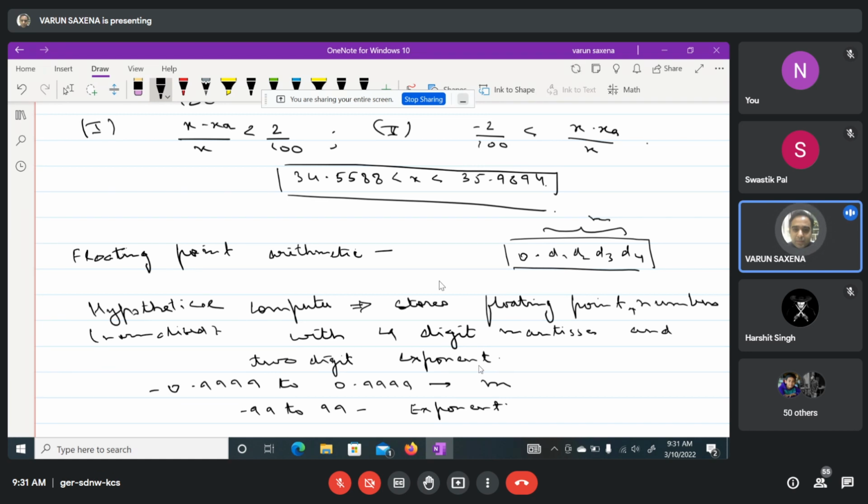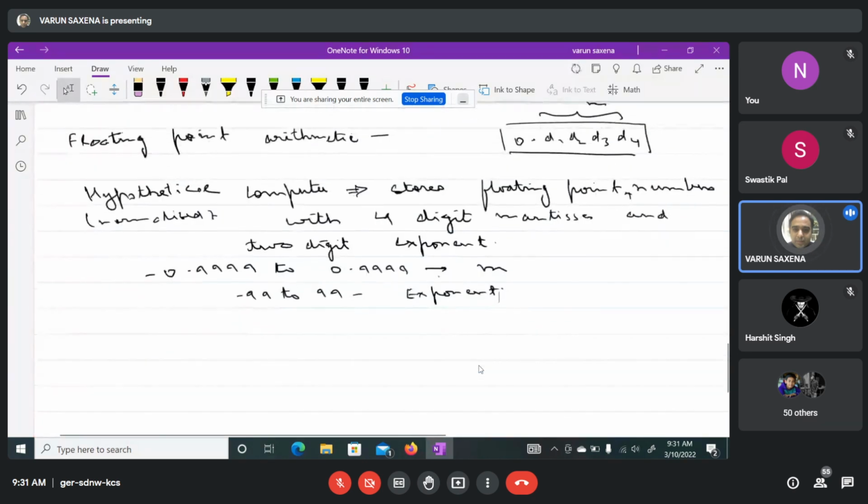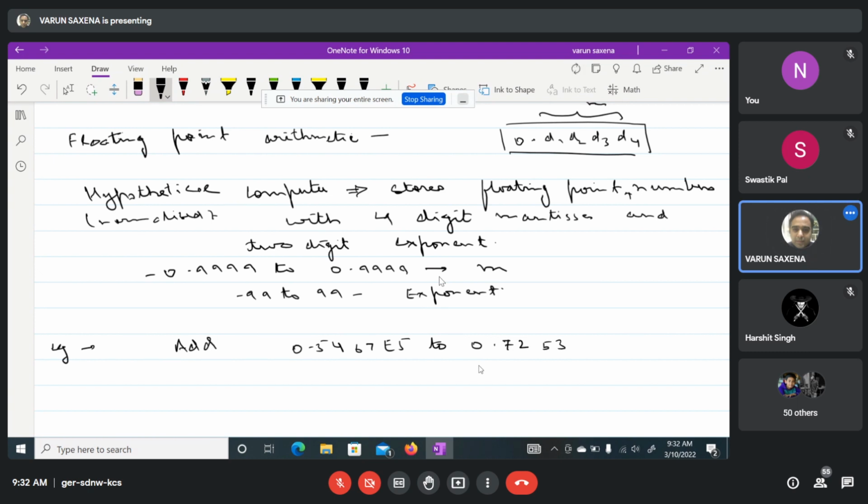So let's see how we can do some kind of mathematics based on this floating point arithmetic on this hypothetical computer. Let's say I tell you, add 0.5467 E5 to 0.7253 E2. Okay, so you have to tell me what will be the sum, right?